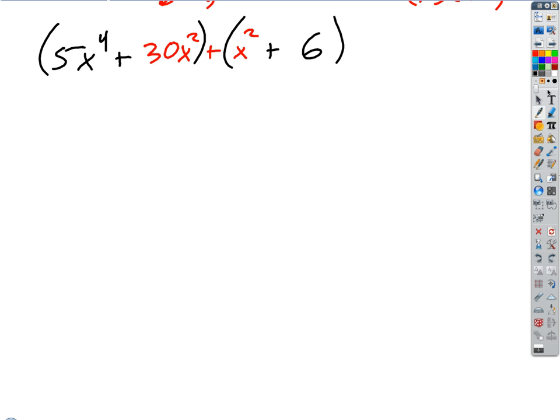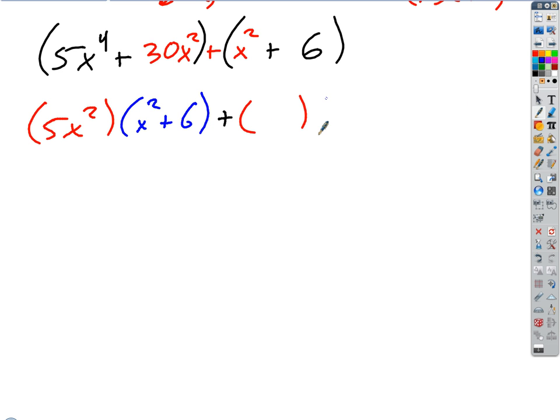And so what do we get then when we factor 5x squared out of the first group? 5x squared times what? x squared plus 6. Okay. Plus, same thing over there. What times x squared plus 6 is x squared plus 6? 1.